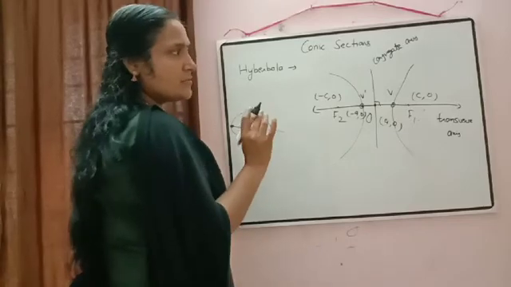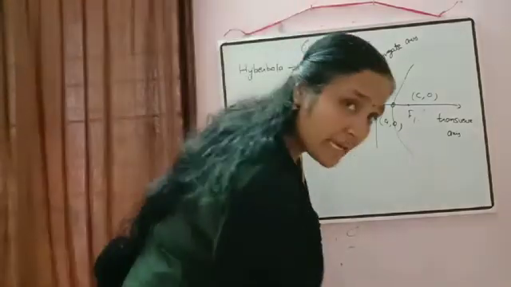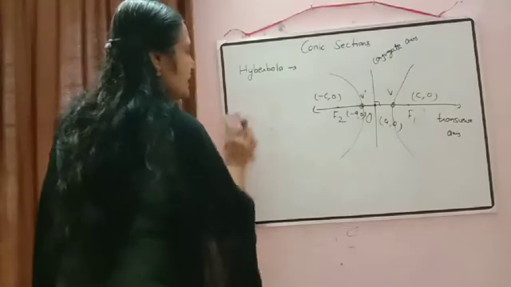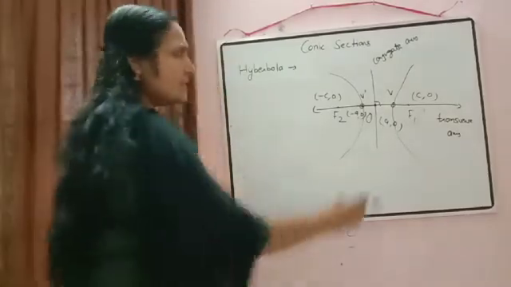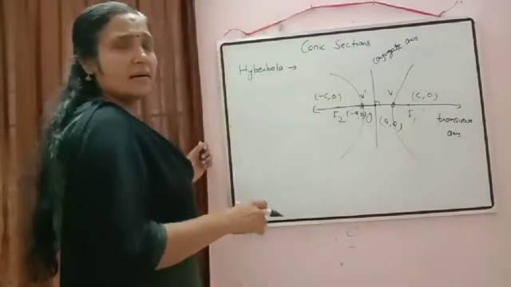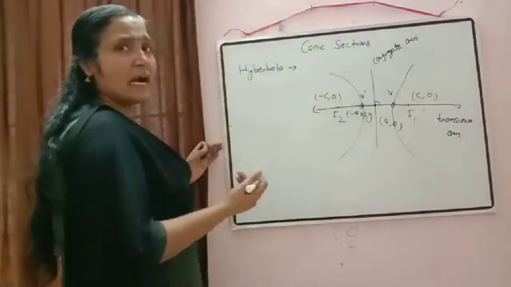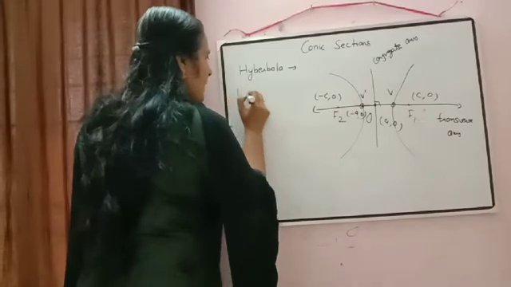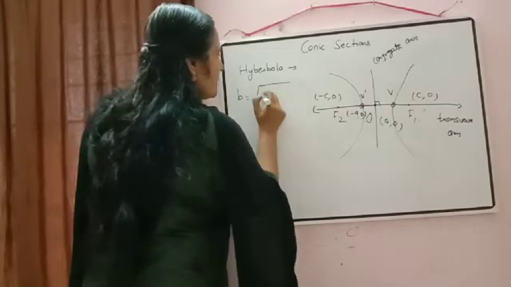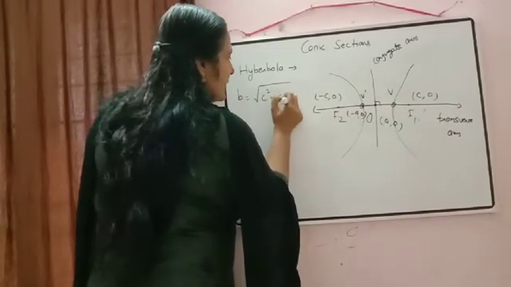So the rest of the things we have. Now here b is not given. You can check that when you extend the hyperbola, it will not intersect the conjugate axis. So we are assuming b is equal to square root of c square minus a square.